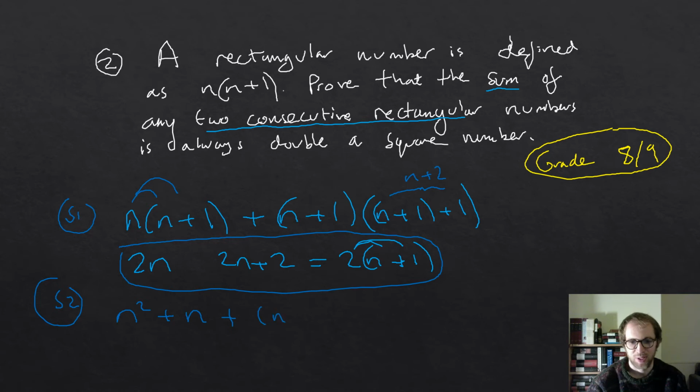a fish method if you like. I always like the fish method. You can do it as a more boring grid method if you like, but you can draw a little fish in here. So it reminds you how to do it. Yeah? So for this guy there, we'll get n squared plus 1n and then plus 2n, so we get 3n plus 2.